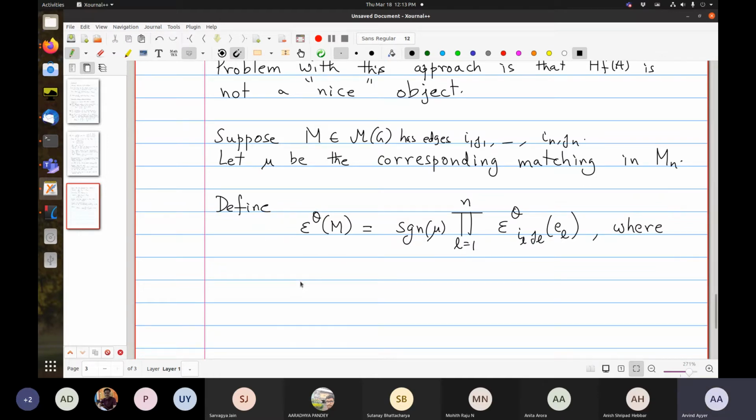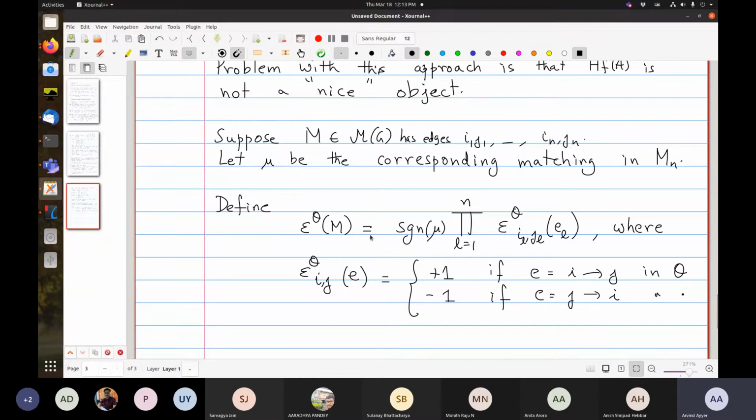Where epsilon_O of I_l J_l of E, E is the edge ij, is plus 1 if E goes from i to j in O, and minus 1 if E is the edge coming from j to i.